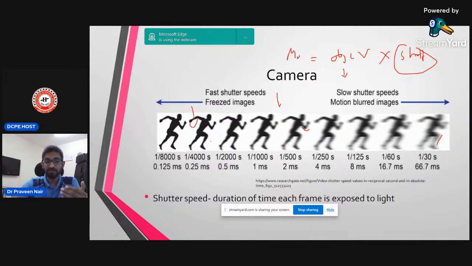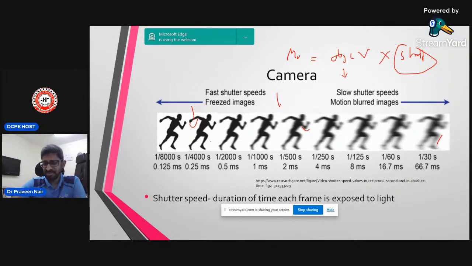You have to choose a place where you can use the high frame rate as well as the shutter speed. Also, as you go higher with the frame rate, the resolution takes a beating. Resolution decreases. That also you have to take into account.